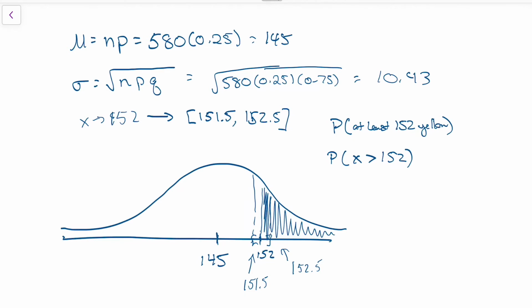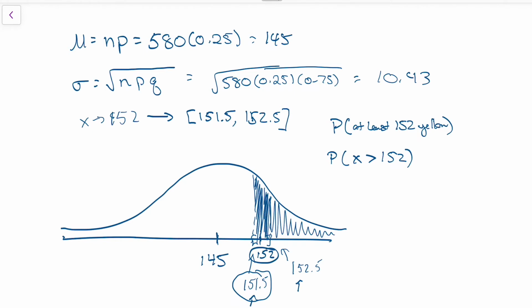But if I think about my two continuity correction points of 151.5 and 152.5, if I use this as my data point and shade the area to the right of 151.5, that shading will actually include the point of 152. Right?